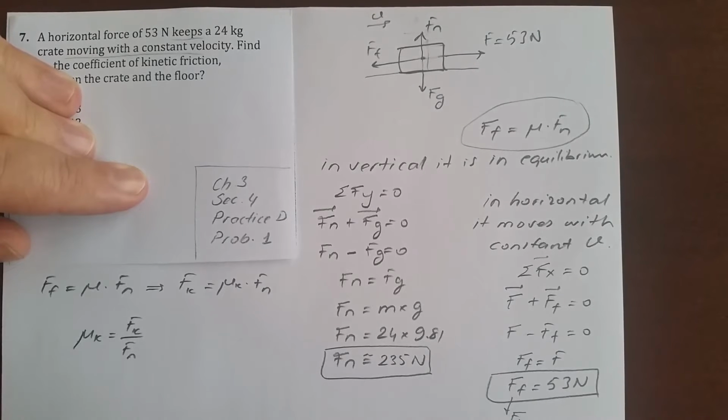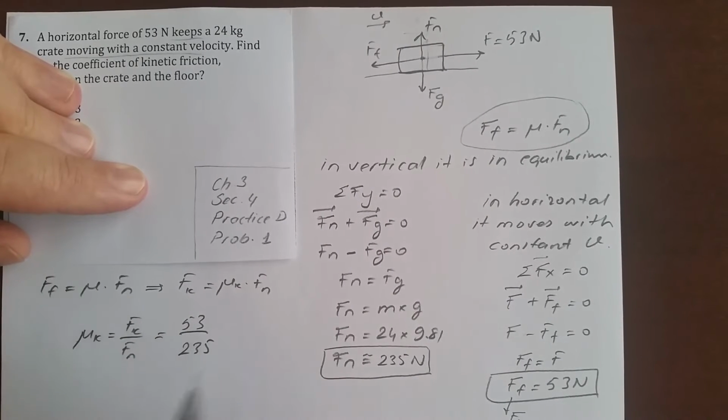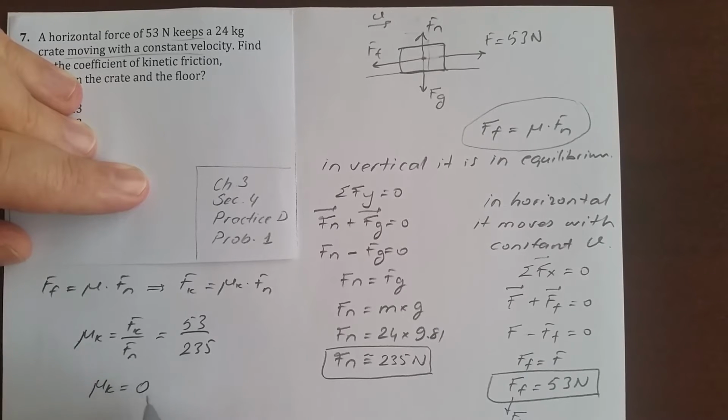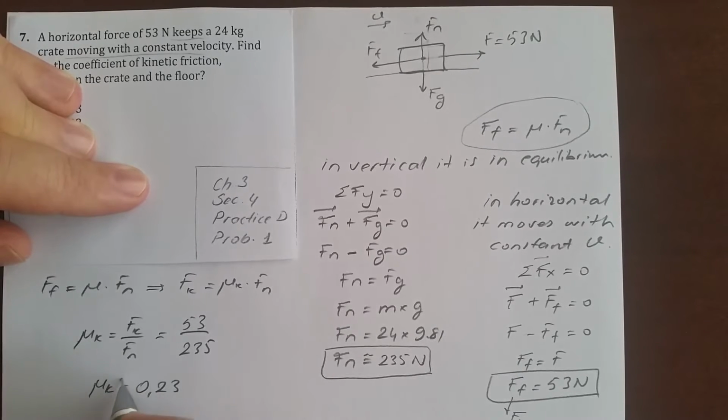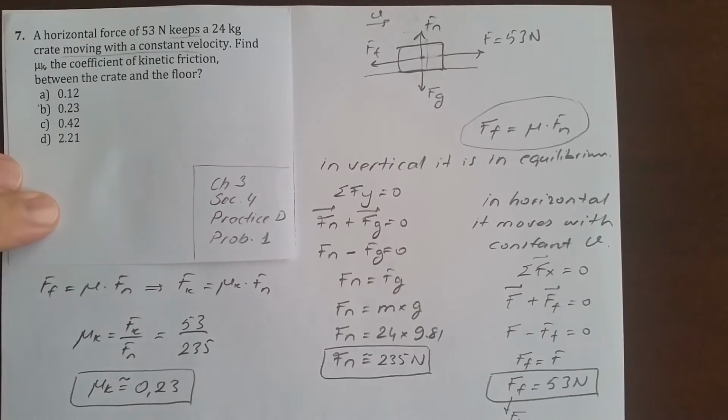Let's do it. Fk is 53 divided by 235. Then the kinetic coefficient of friction will be 0.23, around 0.23. The answer is B.